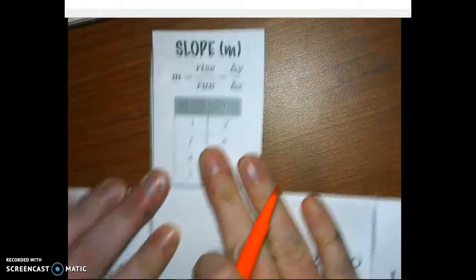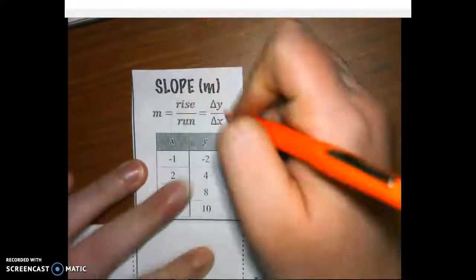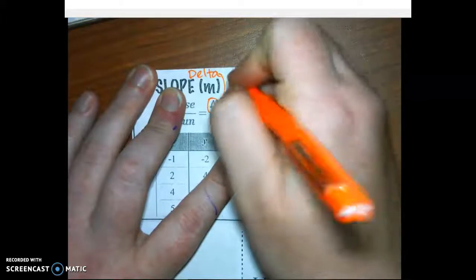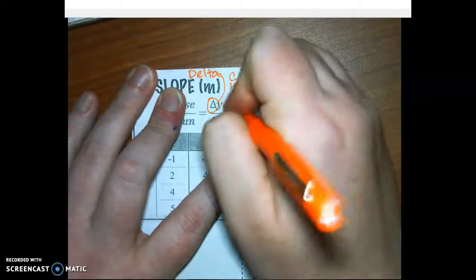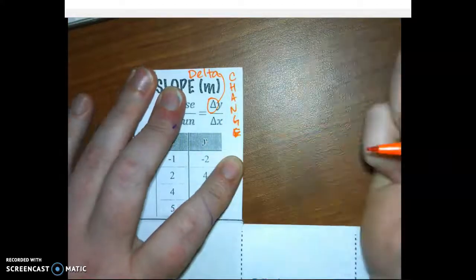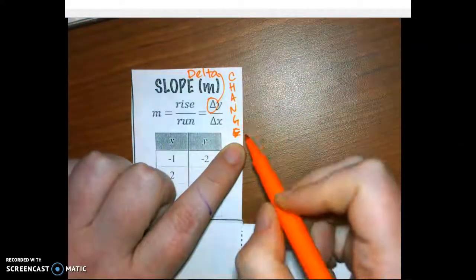Using a table. Tables are cool, I guess. Okay, so this little triangle thing here is called delta. Delta means change. It's kind of messy, but it means change.